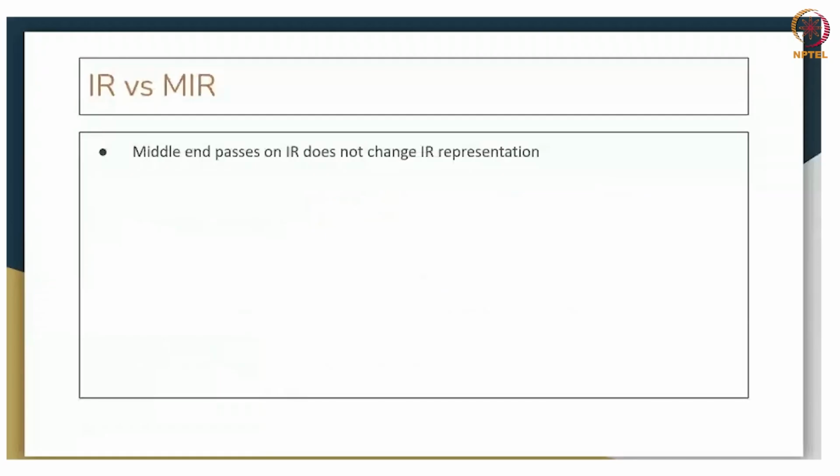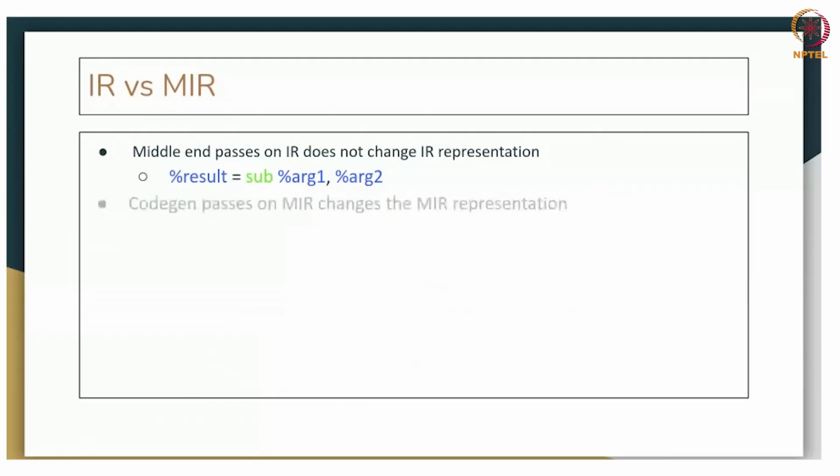So IR versus MIR, we can have a comparison. We have already done the LLVM IR passes. Middle-end passes on IR need not necessarily change the IR representation, like percentage results %r and %r2.